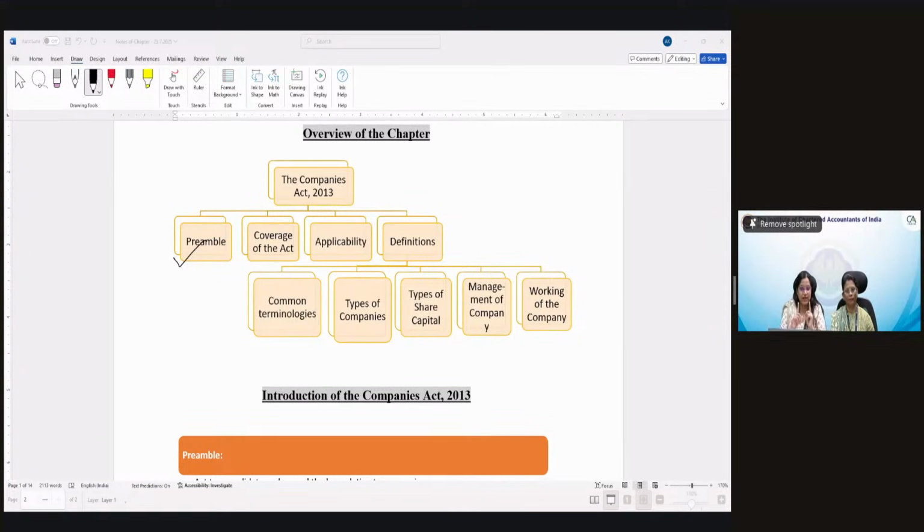But there is one more step before it becomes an act. And that step is it has to be published in the official gazette. Until and unless it gets published in the official gazette, it does not become an act.